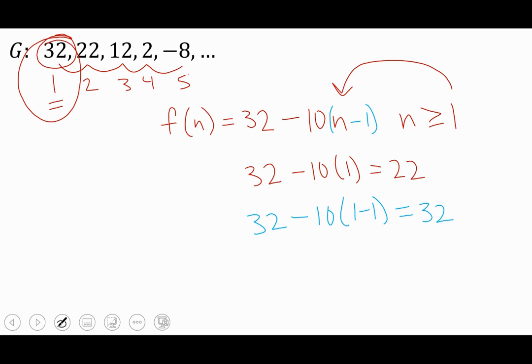And so that's correct now. So the definition for the nth term of this sequence is f of n equals 32 minus 10 times n minus 1 for n values greater than or equal to 1.